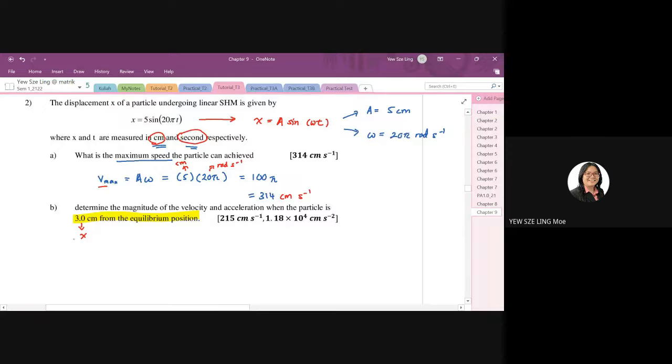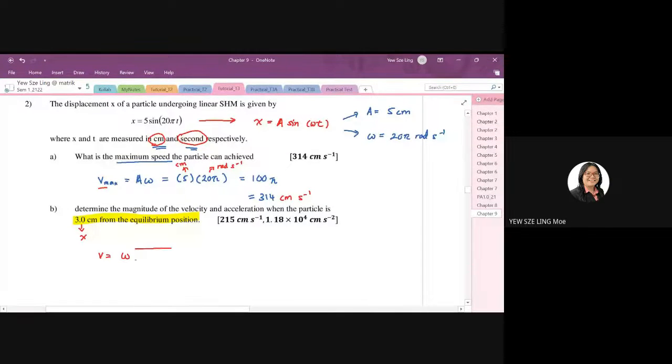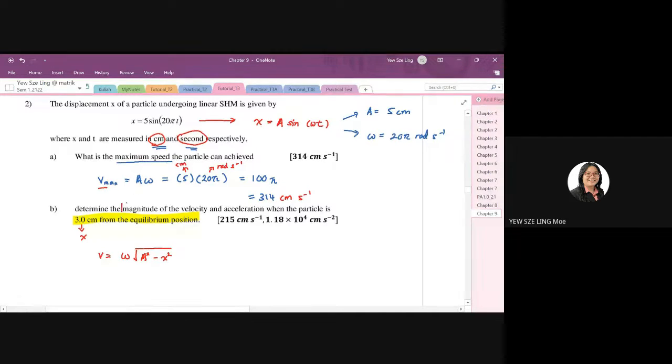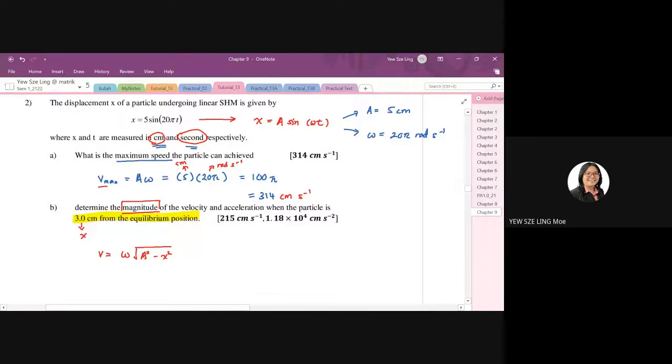The equation we need to use to determine V is V equals omega square root of A squared minus x squared. This is V with x in it. I can skip the plus minus sign in this calculation because the question is just asking for magnitude, so you can ignore the sign convention.